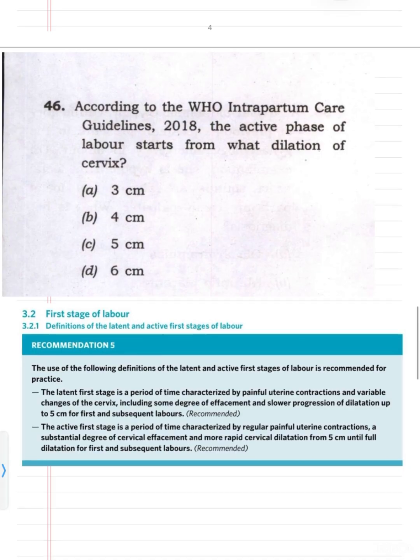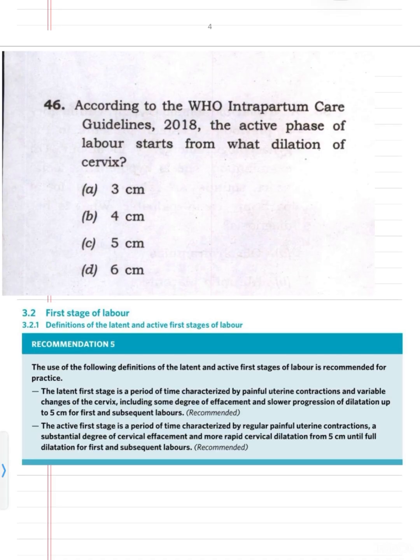Then coming to the next question. According to WHO Intrapartum Care Guidelines 2018, the active phase of labor starts from what dilation of the cervix? We have taken this article from the PDF of the WHO Intrapartum Care Guidelines 2018. In that, there's a recommendation number 5, which talks about the first stage of labor and the definition of the latent and the active first stage of labor.